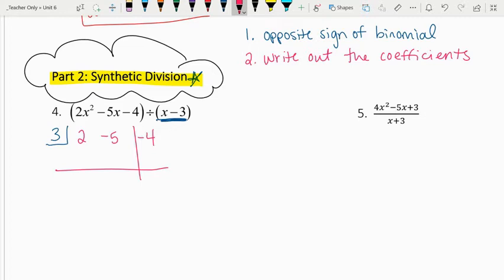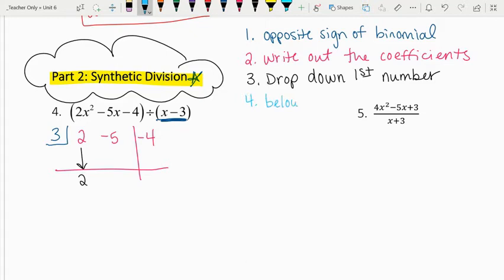It helps me in a second, okay? So next we're going to drop down the first number. Okay, so we're going to take the 2 and drop it down, okay? And the last rule is below the line, you multiply.